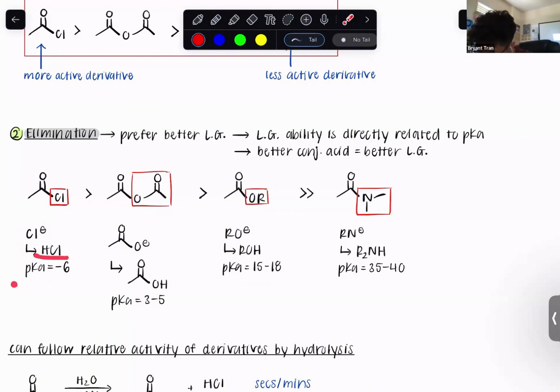So HCl has the lowest pKa of -6 here, right? That means it's the most acidic, and it's the most acidic because when it gets rid of that proton and this chlorine gets a negative charge, this chlorine with the negative charge here is stable enough to exist by itself. So that chlorine right there is the conjugate base of this strong acid right here.